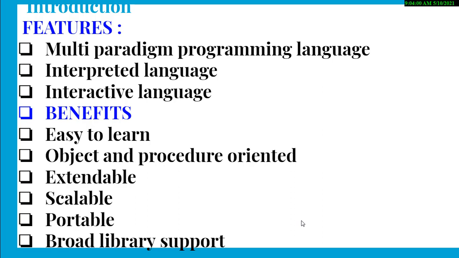Now coming to the next thing, what are the features and characteristics of Python? The three main characteristics of Python are, first, a multi-paradigm programming language. What does multi-paradigm programming language mean? Python supports more than one programming pattern. Paradigm is nothing but the pattern, that includes both object-oriented programming and structure-oriented programming.